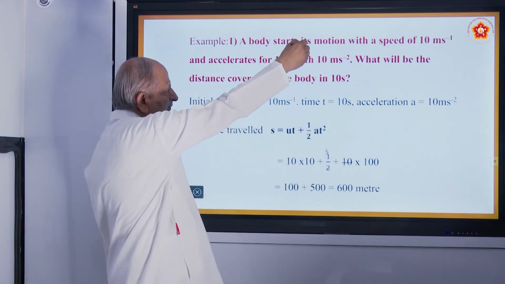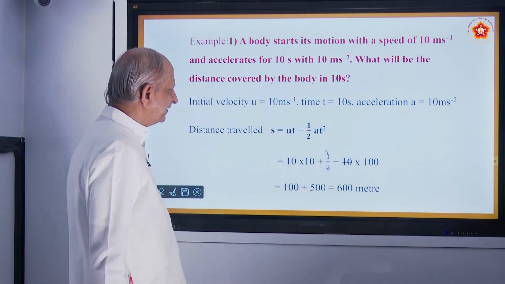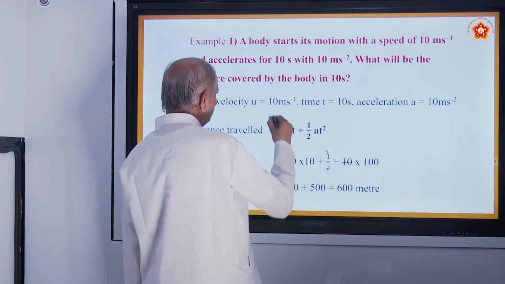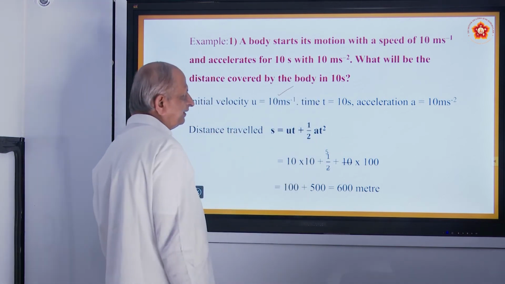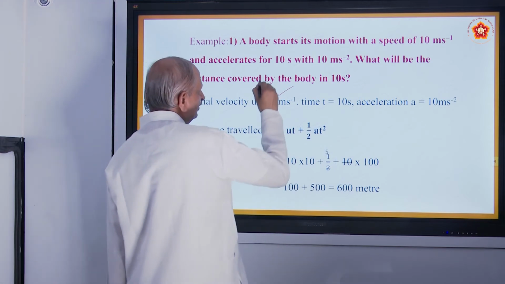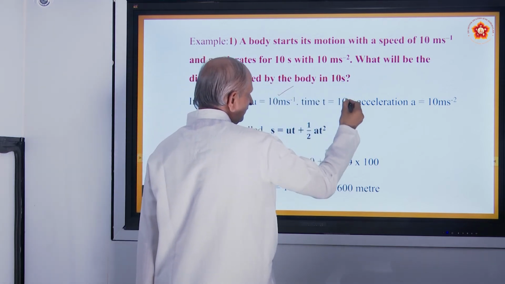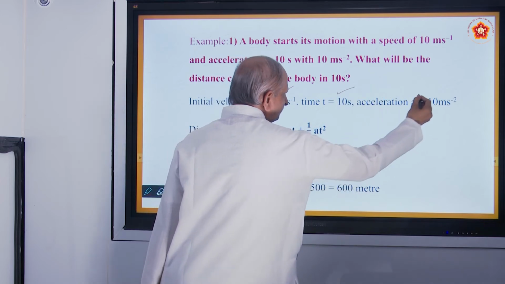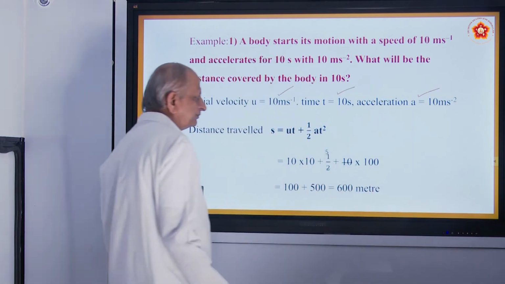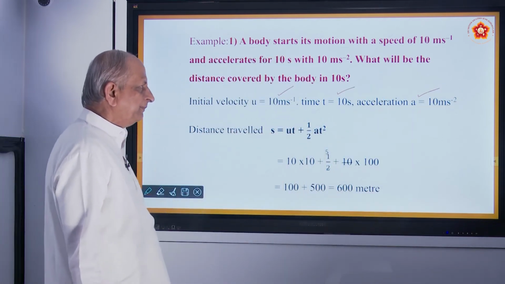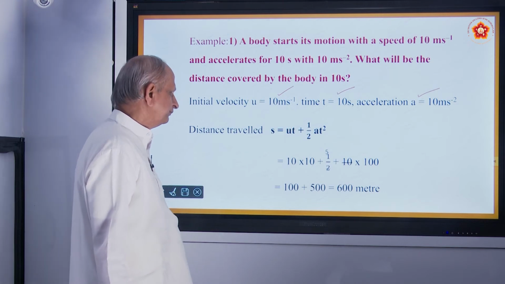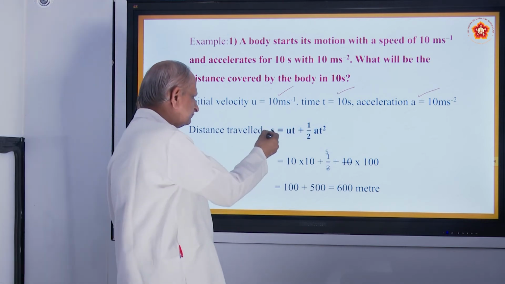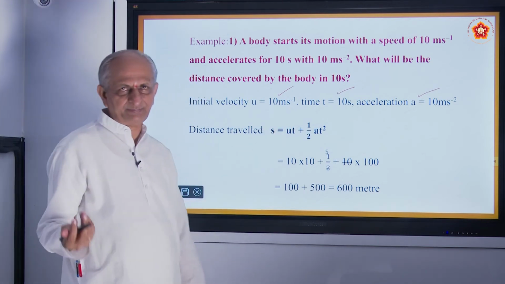A body starts its motion with a speed of 10 meter per second. So U is equal to 10 meter per second. It accelerates for 10 seconds with an acceleration of 10 meters per second square. So apply it in the formula. Distance travelled or displacement, both are same.